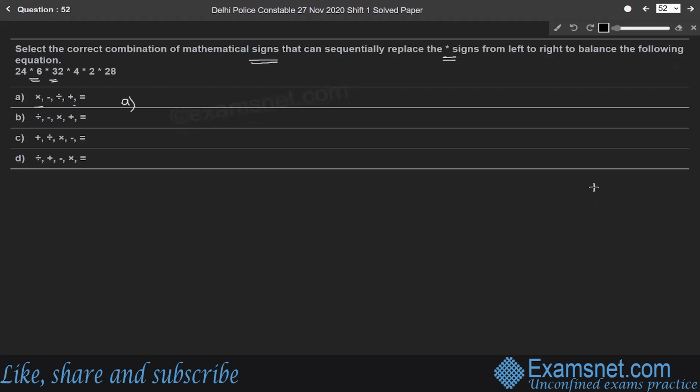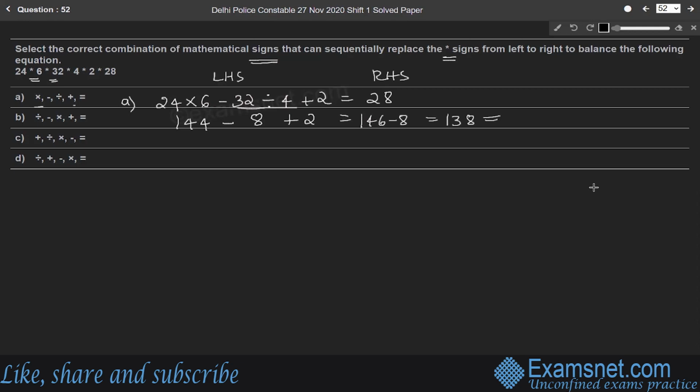Let us check whether LHS is equal to RHS or not. 24 into 6 minus 32 divided by 4 plus 2 is equal to 28. 24 into 6 is 144 minus 32 divided by 4, 8 plus 2 is 146 minus 8, which is 138, which is not equal to RHS, that is 28.